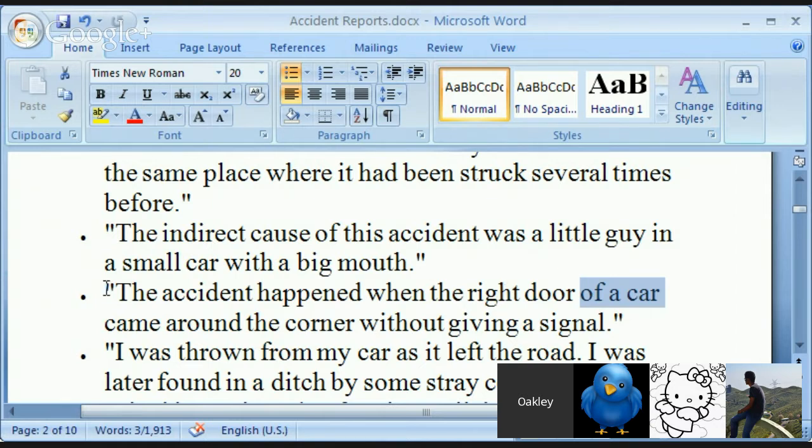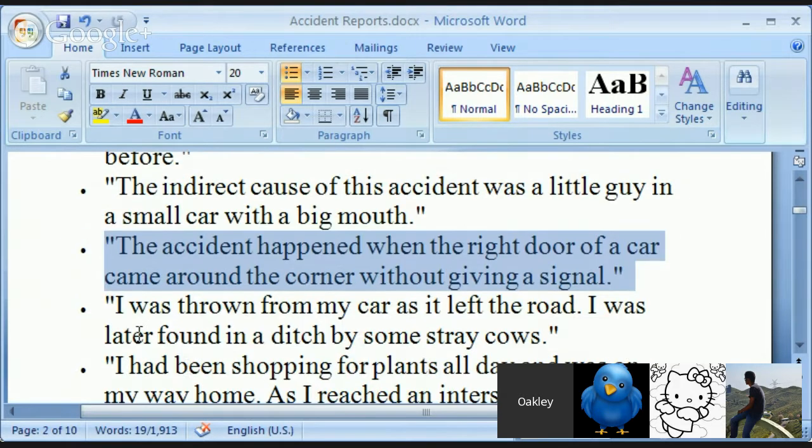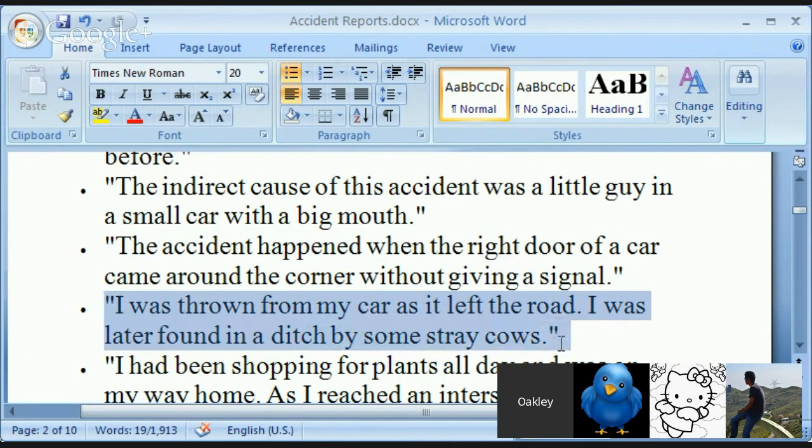It's really hard to figure this one out, what actually happened. I guess he just ran into the right door of another car. I guess so. Probably. But was the other door open or something? I don't know. That one is impossible to really even figure out what happened.